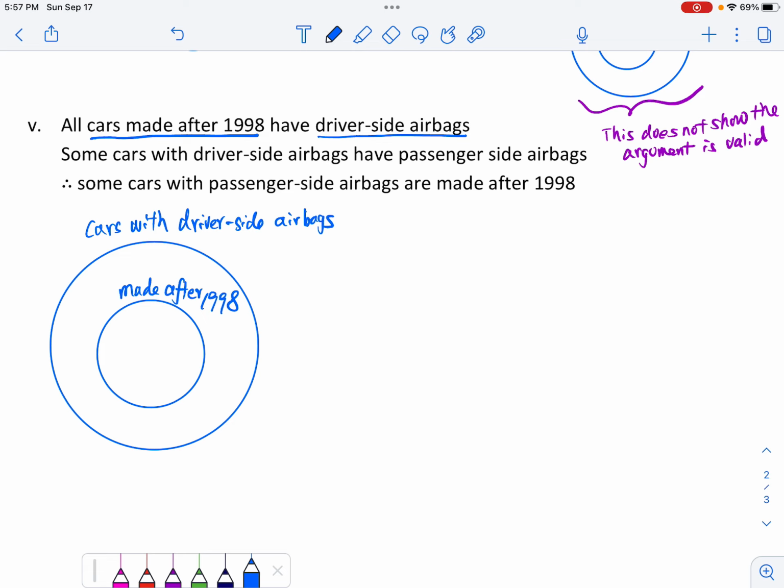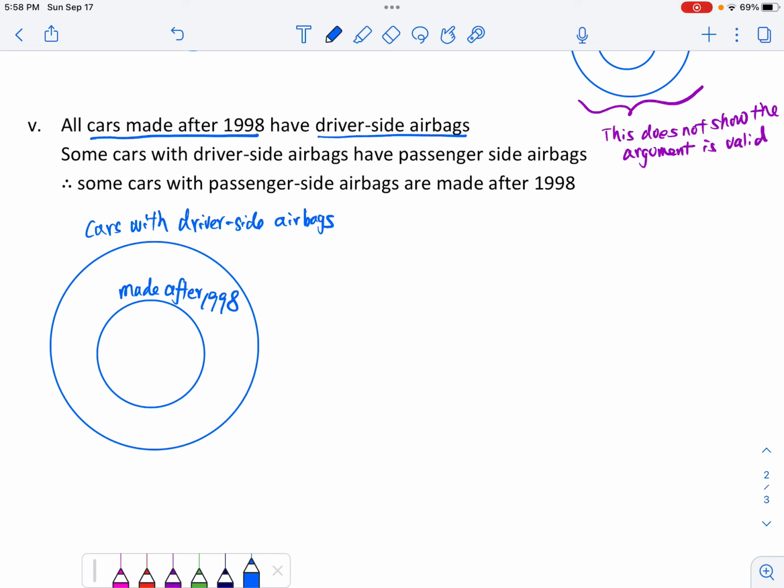And now some cars with driver side airbags have passenger side airbags. Okay, so here we already have this set, cars with driver side airbag, which means this circle, so we do not need to redraw a different circle, which is the circle that represents that one. But we do need another circle for another set, because we have here cars with passenger side airbags, right?